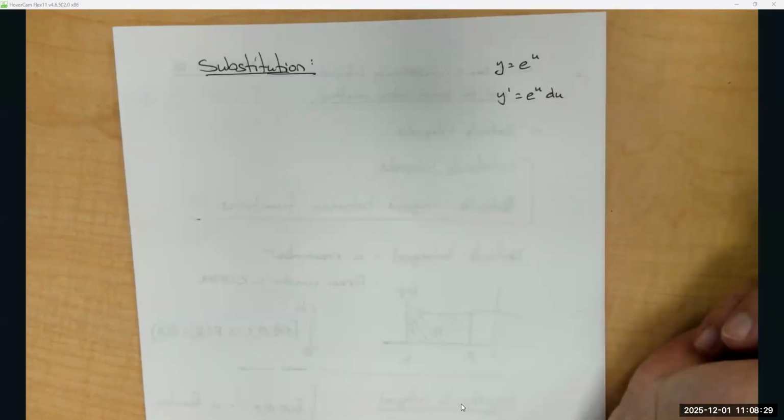Remember when we did derivatives, we had the derivative of e to the power u. If y equals e to the power u, what is its derivative? If the function is e to the power u, what's its derivative? e to the u du.